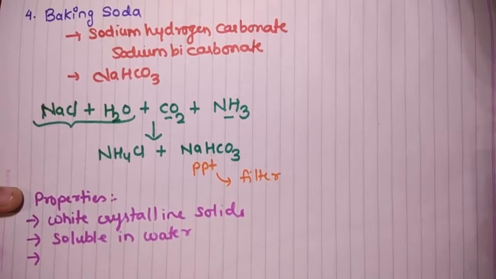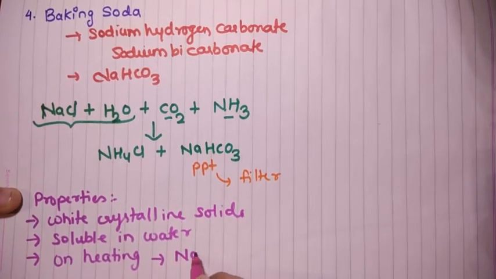We can see that on heating this baking soda, it decomposes to give sodium carbonate Na2CO3 and CO2. How? Because whenever you heat NaHCO3, you will get Na2CO3 with the evolution of CO2 gas. So you can put a heating sign here.